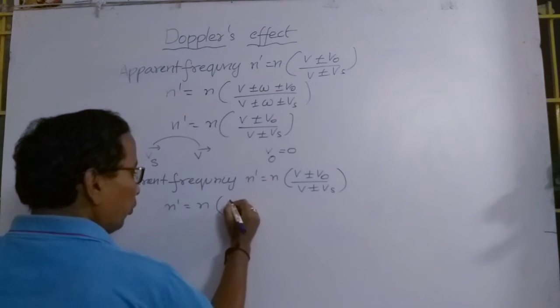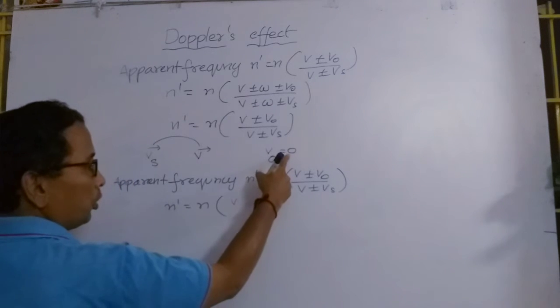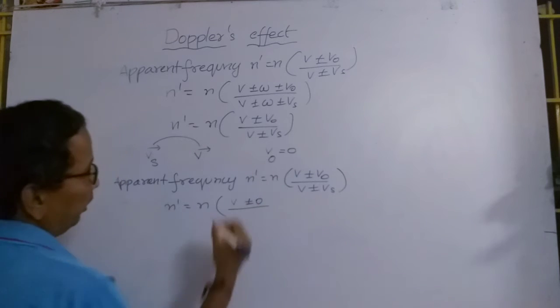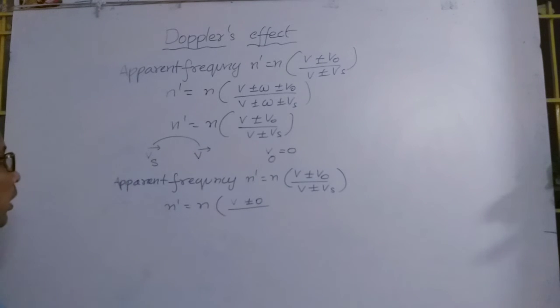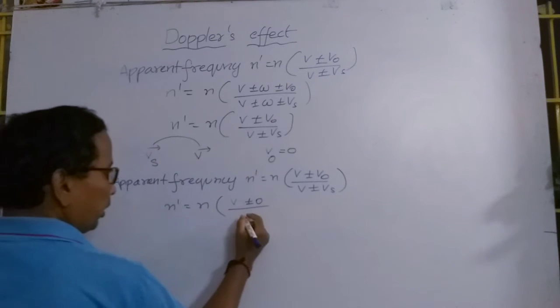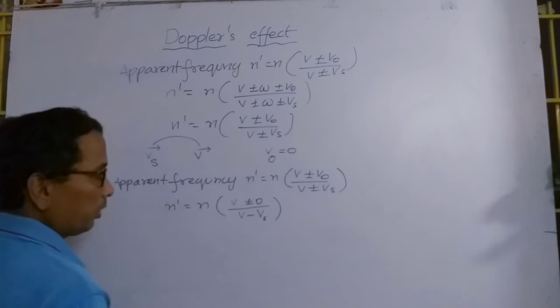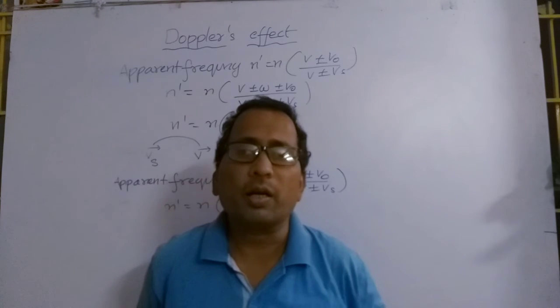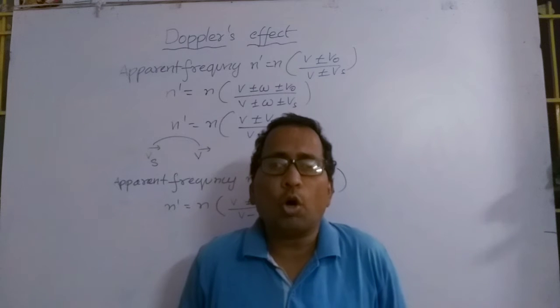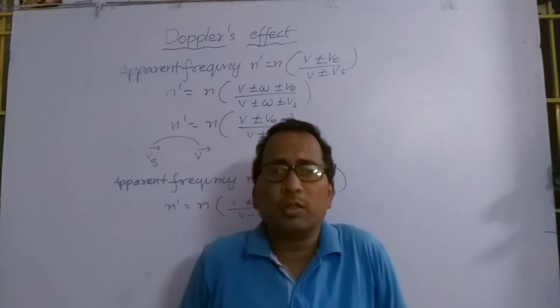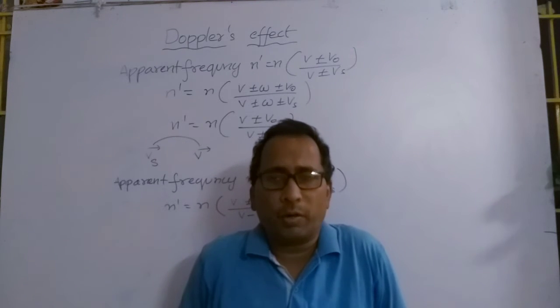Here n dash into V. Here the observer's velocity is 0, that's why plus or minus 0, by V minus Vs, since both are in the same direction means negative. Why negative? Relative motion: if two objects are in the same direction, the relative motion will be their subtractive value.